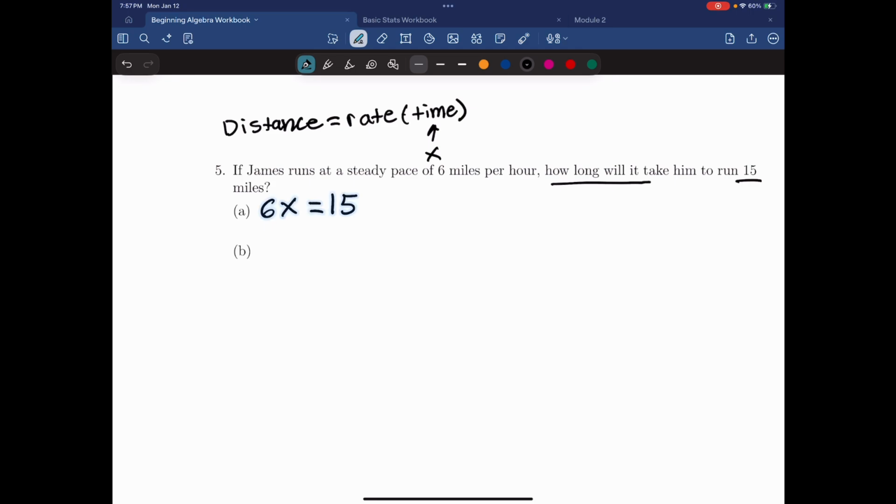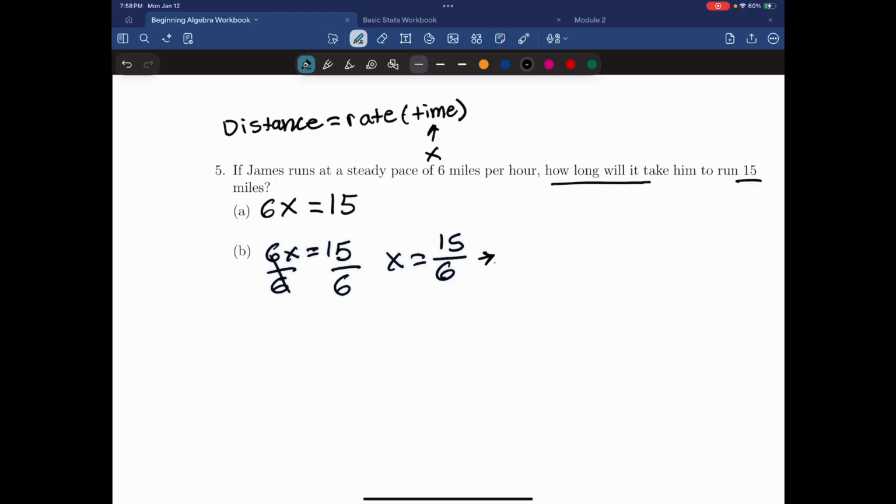And that's our linear equation, 6x equals 15. So now, all we have to do is solve for x. So we're going to divide by 6. We get x equals 15 sixths.